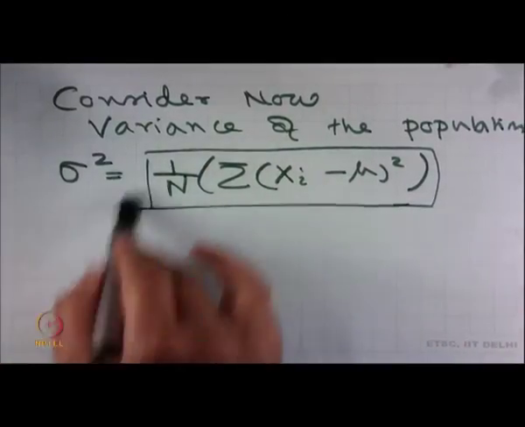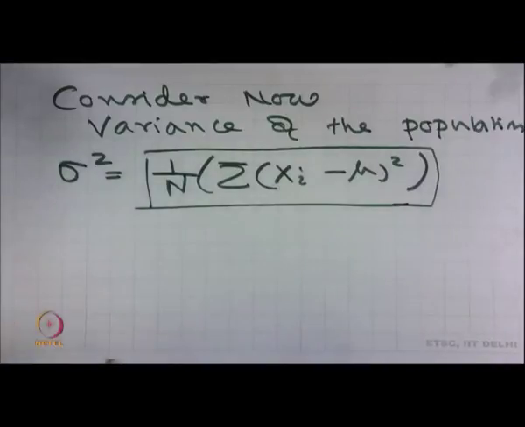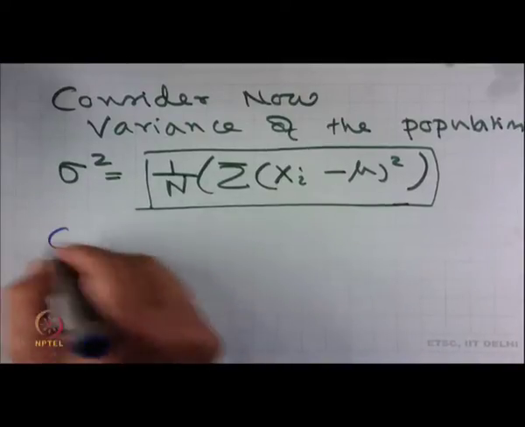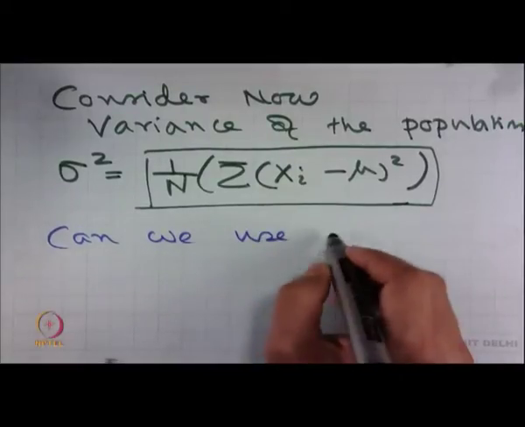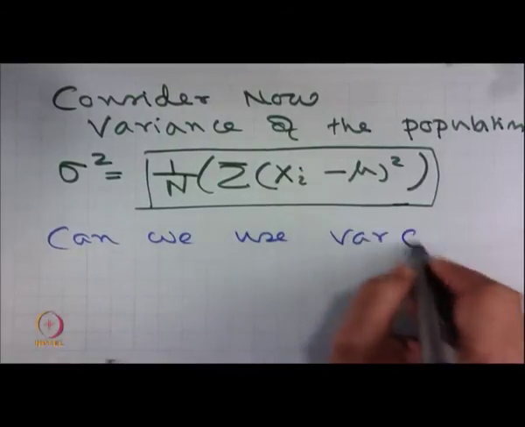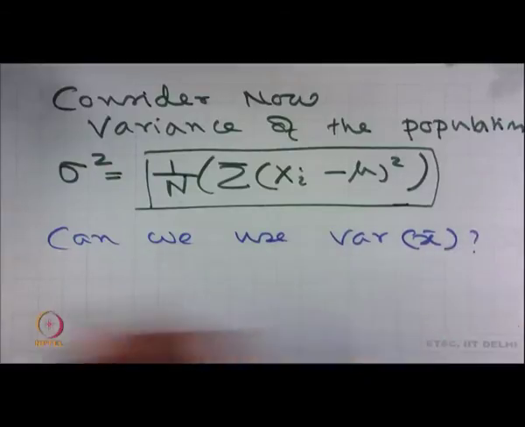Suppose we want to estimate the population variance. Can we use the variance of x bar for that purpose? Let us see.